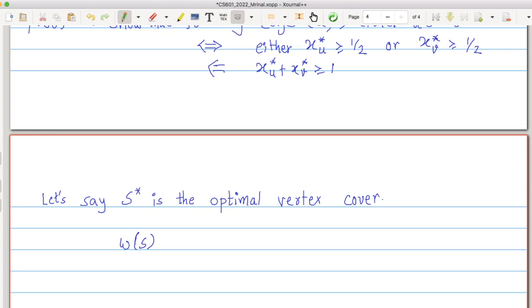We want a minimum weight vertex cover, so we would like to show that it's not too high. In particular, it should be less than or equal to some alpha times W of S star, where alpha is greater than or equal to 1. So maybe 3 times the optimal vertex cover, or 2 times, or 1.5 times. That alpha would be known as the approximation factor.